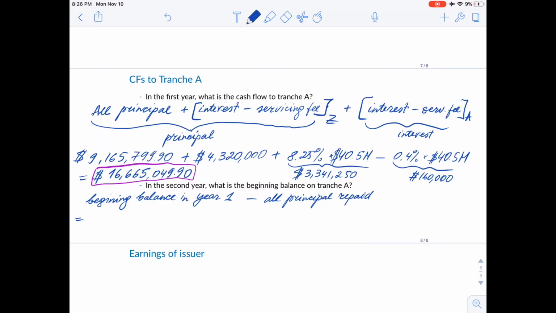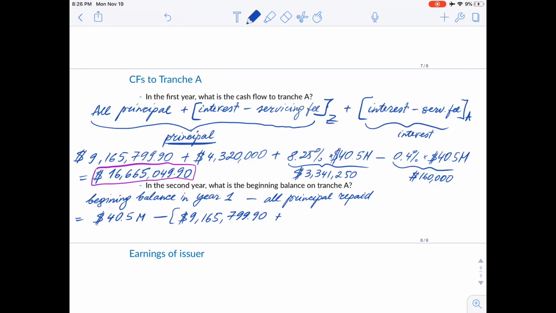The beginning balance in year 1 was $40.5 million. And all the principal repaid is going to be the money that went towards principal, right? So this is this sum over here. It's all principal, which is $9 million, 165,799.90. And then what else went towards principal?